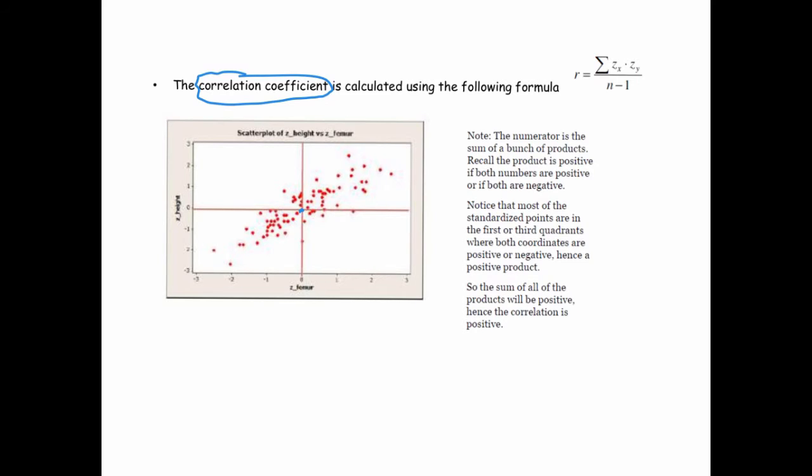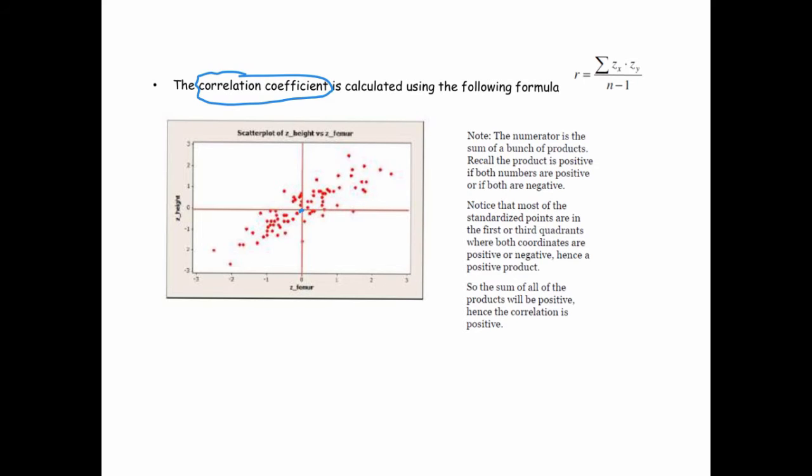In order to measure the strength of a relationship, we note that if it's a positive relationship, we expect the direction to go from bottom left to top right, which means that we want to count all the points in those two quadrants as being part of a positive relationship, right?